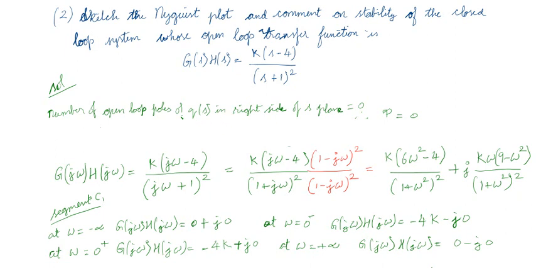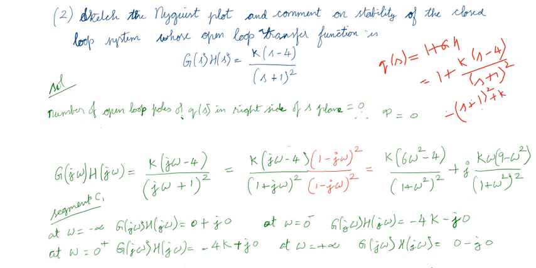Q of s is equal to 1 plus GH, that is 1 plus k into s minus 4 divided by s plus 1 whole square.